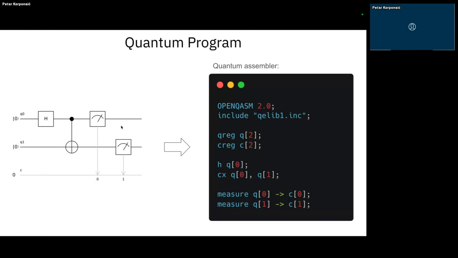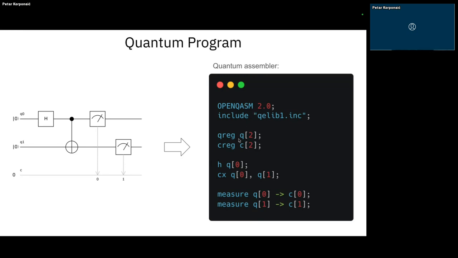And this can be expressed in a quantum assembler. Similar to classical computer in which we have assembler, in quantum computer we also have assembler. This is QASM or OpenQASM. This is frequently used format for interchange between different quantum programming frameworks. So you can export from IBM into QASM and import into Google in QASM.